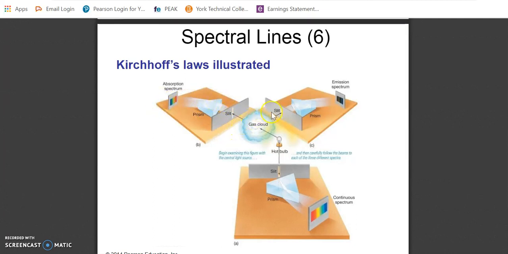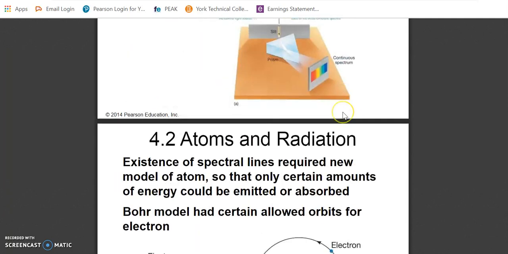And then, if the gas is hot enough by itself, it will emit an emission spectrum. Okay, so that's the idea here.